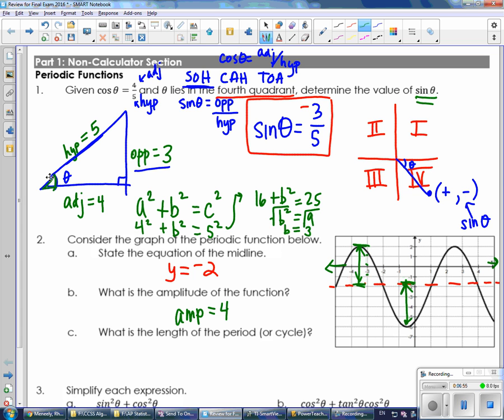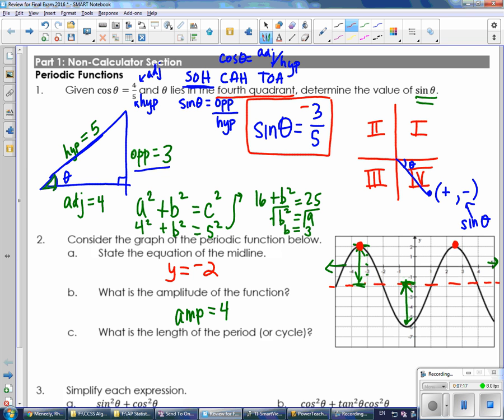But by definition, a period is simply the length of a cycle. And so it doesn't really matter where you decide to make the cycle start as long as you end in the same spot. So for example, if I want to say that this point corresponds to the beginning of my cycle, then this point, because that's when it returns to the max, would be the end of my cycle.